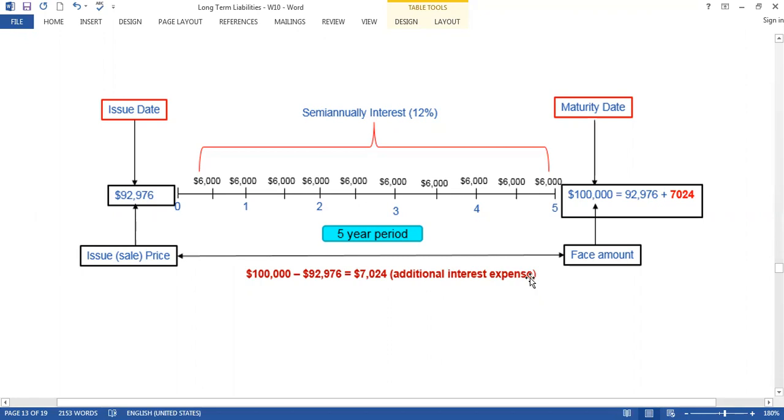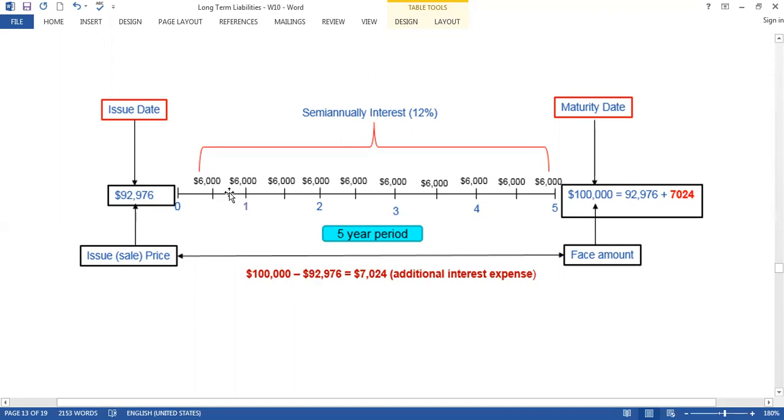Now try to remember your Principles of Accounting 1, matching principle. Can you remember your matching principle? What is the meaning of matching principle? Matching principle said that you have to match your revenue and expense every year, right? That means whenever you have revenue, whenever you have expense, you have to record it for a specific year. So this is year 1, we have 2 interest expense.